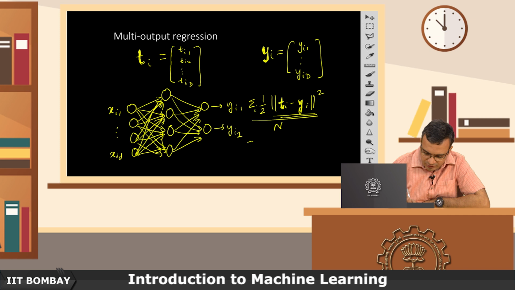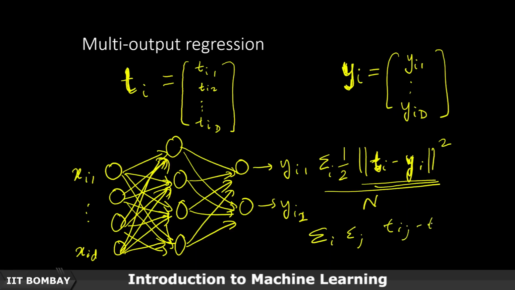In some sense you can think of it as a sum over i, sum over j, of Tij minus Yij squared, with a half here, and we will divide this by both n and d. That is going to be the equivalent of mean square error in multidimensional regression output.